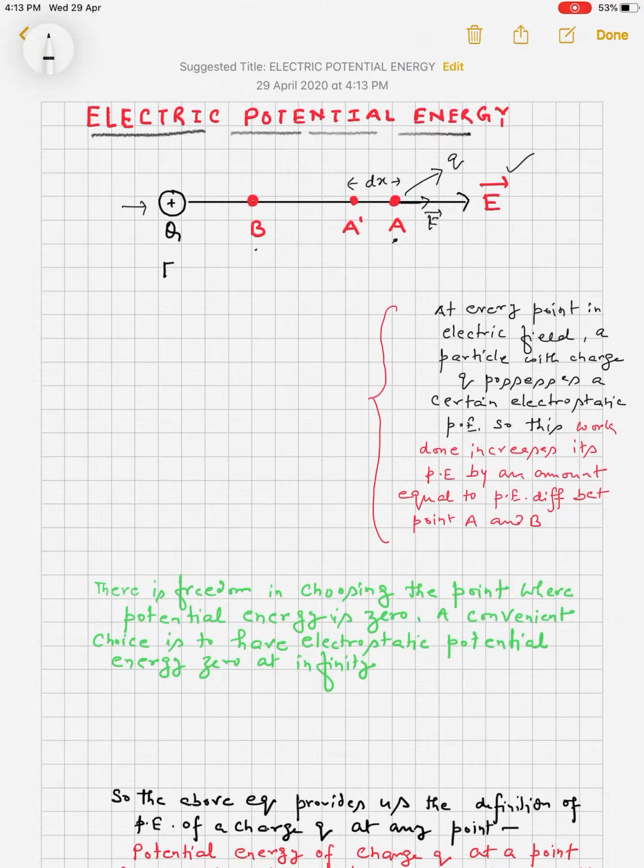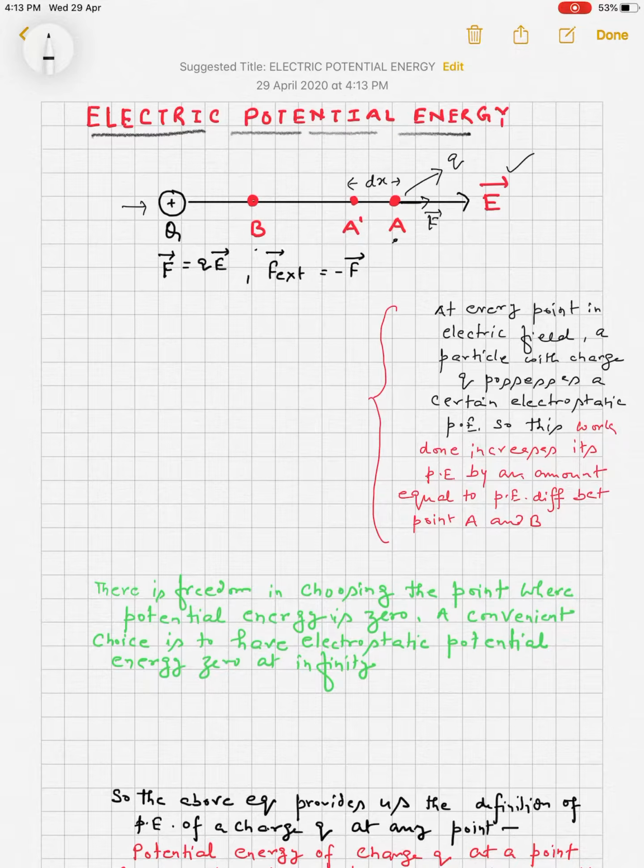This F is equal to QE, because as we know, a charge Q in an electric field experiences a force QE. So what is F external? F external is equal to minus F.